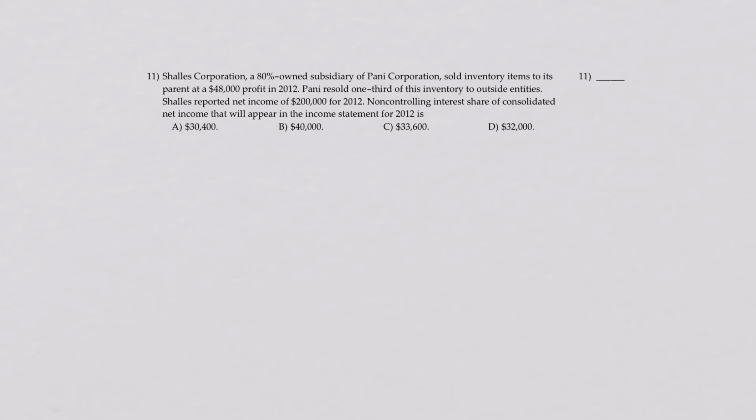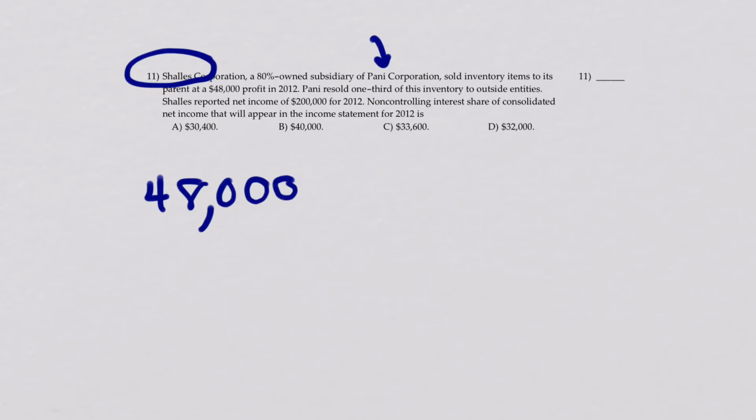In this case, this is a sale of Upstream, because Shales, which is the subsidiary, has sold to the parent inventory at a $48,000 profit. That's the profit amount.